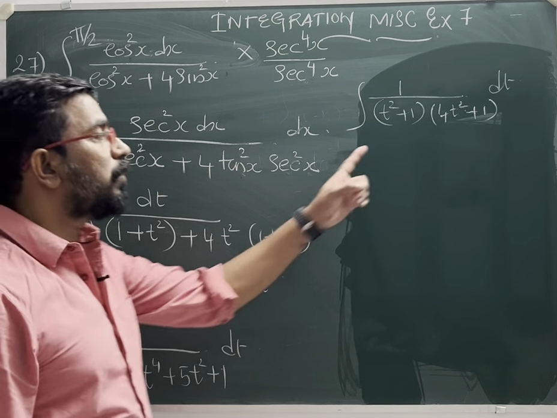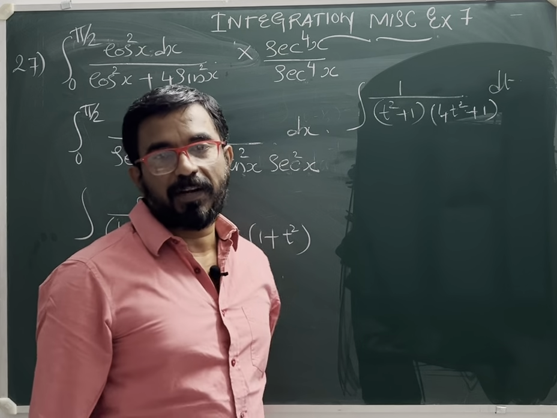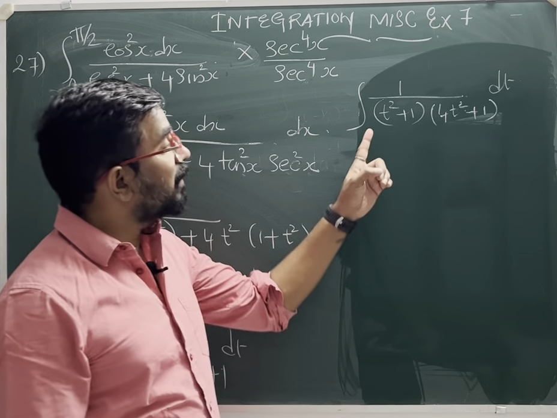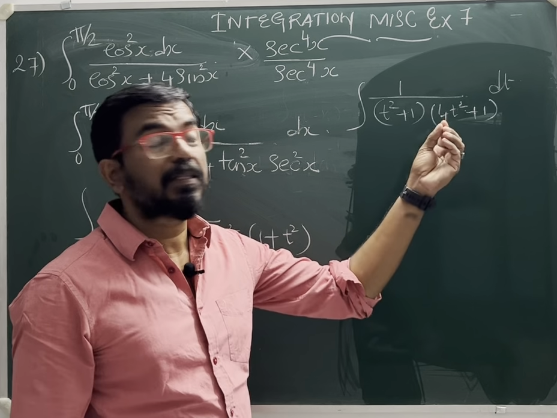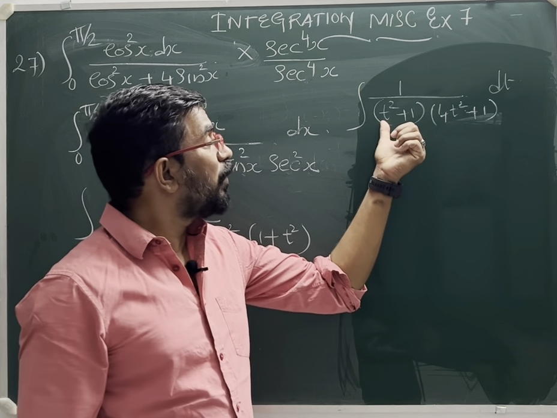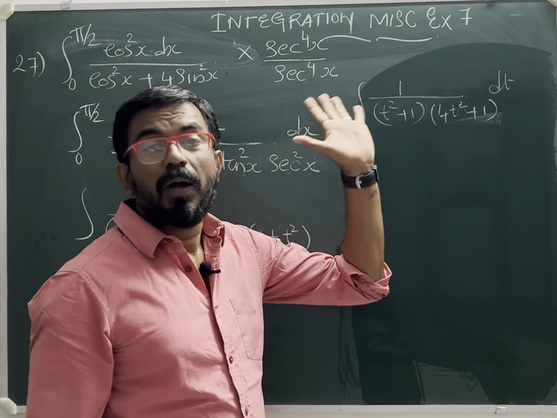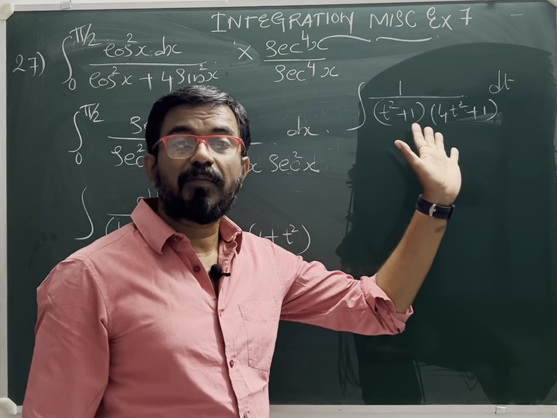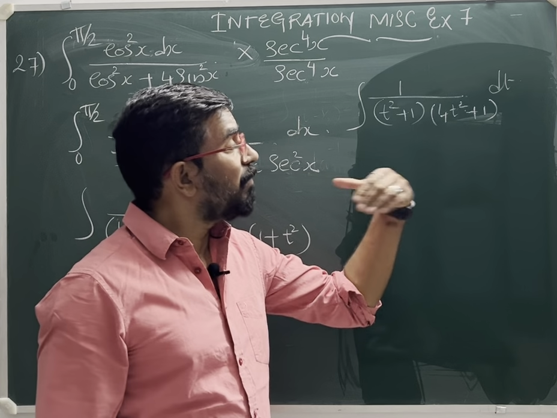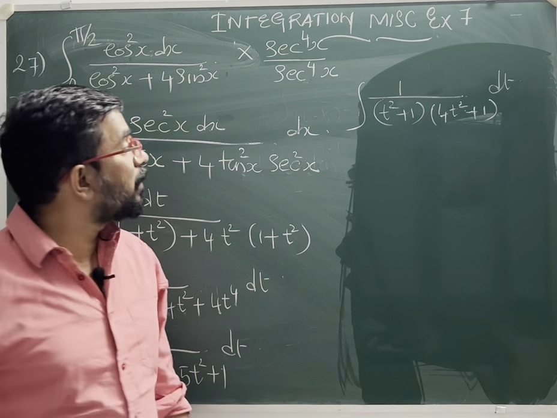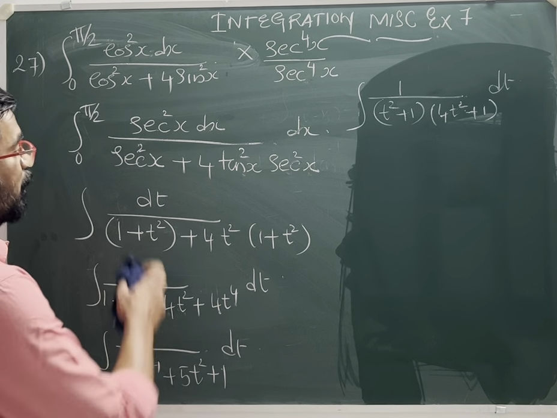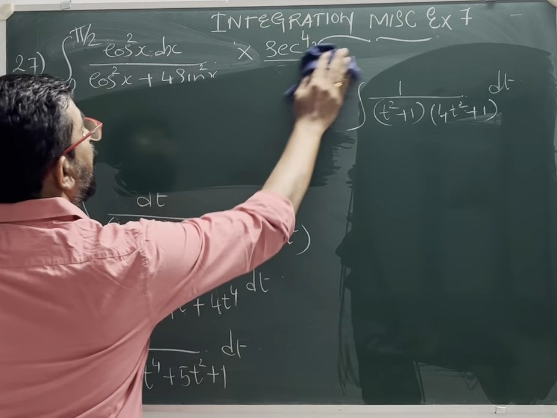Now how do we do this one? Obviously partial fractions. When you do partial fractions, both of these are t square, so you can do a small replacement for t square as u, and you can do the partial fraction work to find A and B. Then we will come back to that. So let me write that step over here like this. This is where we reached. Now what I do is, I will write like this.